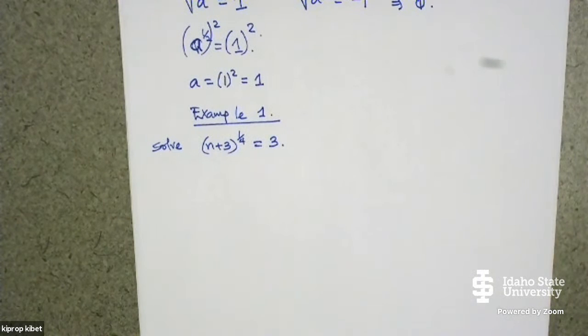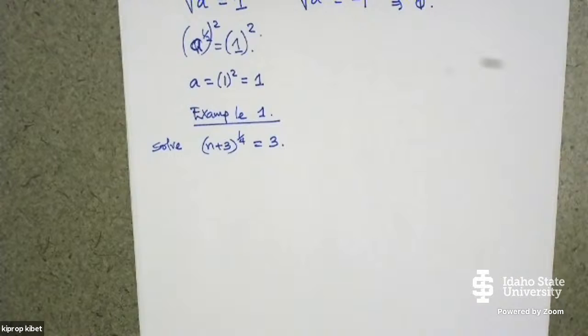That is actually similar to the 4th root of n plus 3 equals 3. If this one was negative here, then there would be no solution, since the index is even. If it was odd and this one is negative, then there could be a solution.